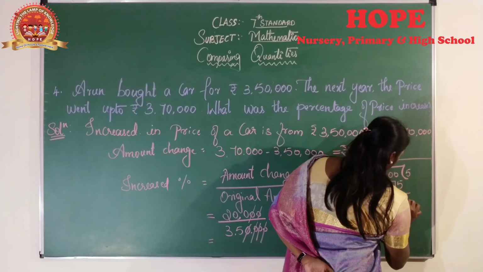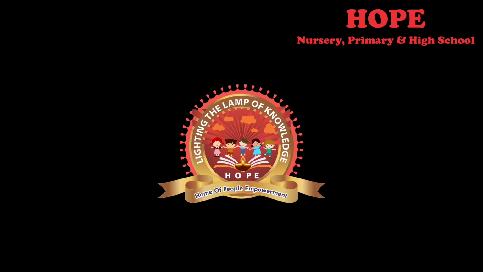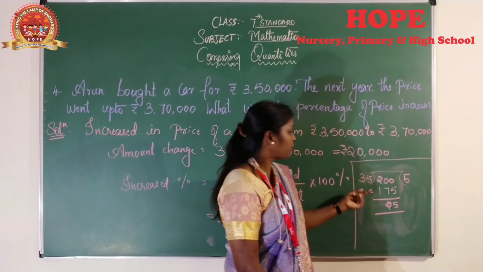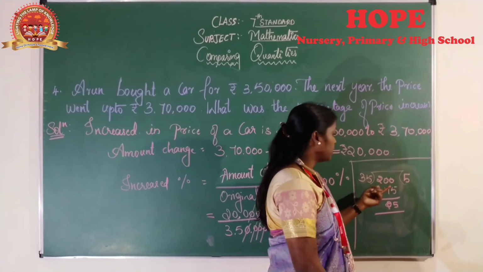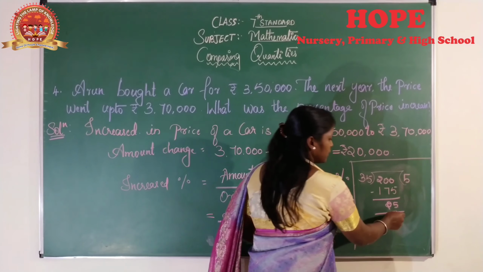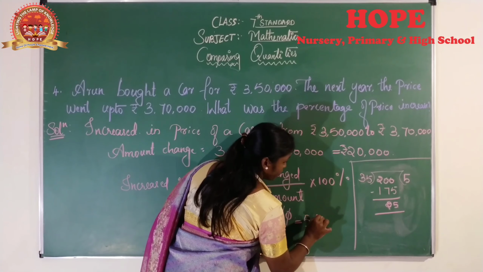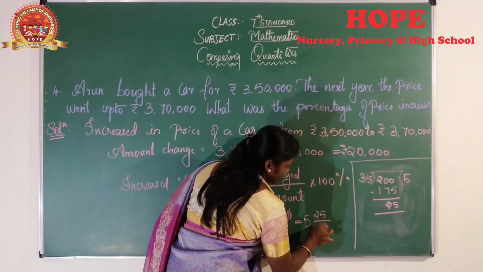So the remainder is 25. Okay. 200 divided by 35, 35 5s are 175. So the remainder is 25. This we have to take in the mixed fraction, like 25 by 35.